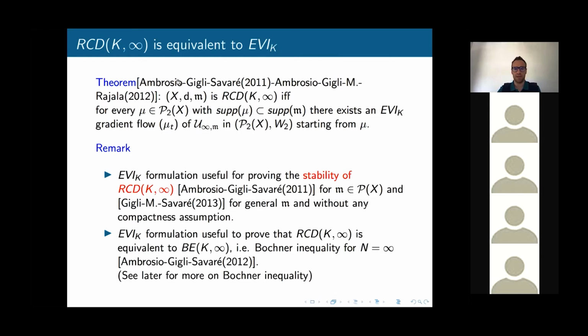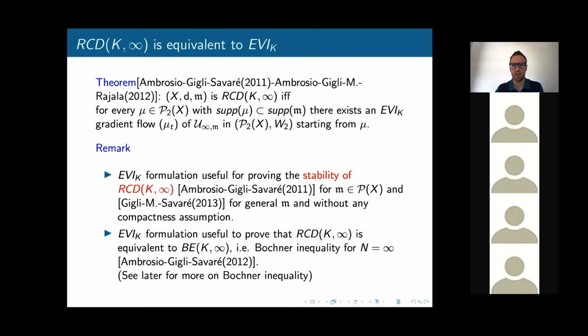One implication was in this paper by Ambrosio-Gigli and Savaré, and then the equivalence with the Bochner inequality was in a subsequent paper one year later. I will discuss the Bochner inequality in the finite dimensional case in the second part of this lecture. So now the next chapter of the lecture is going to be the finite-dimensional theory, so RCD K,N.